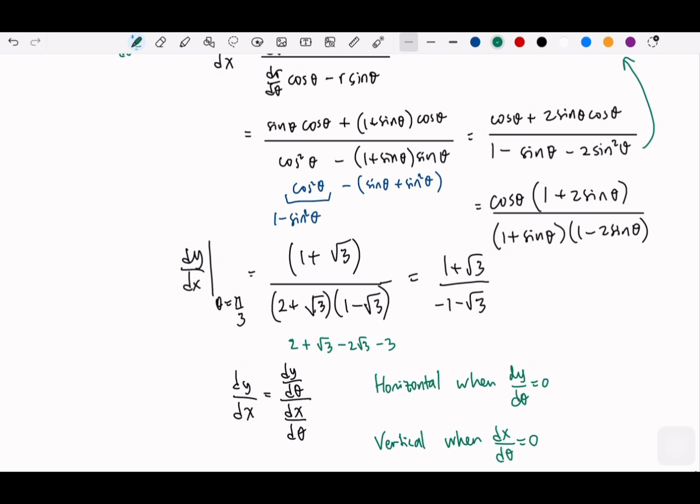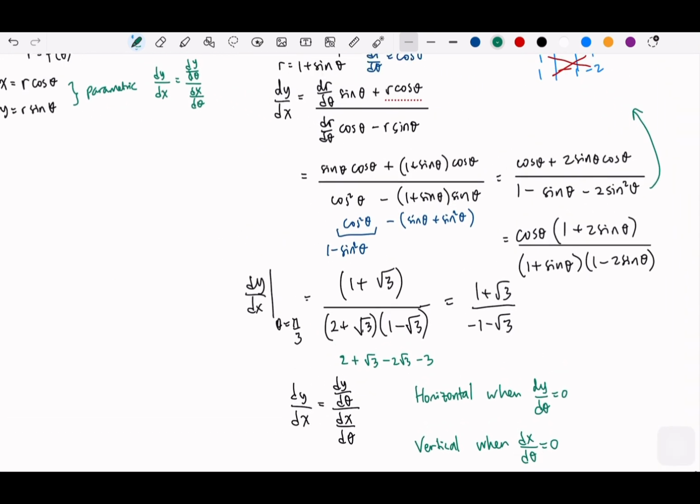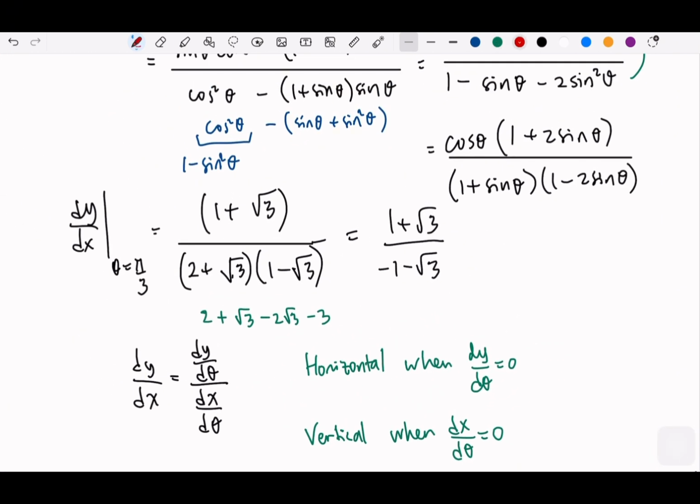Okay, so maybe I'm just taking too fast. Maybe here what I mean is you find the theta, okay? You find the theta here. You have several theta, right?